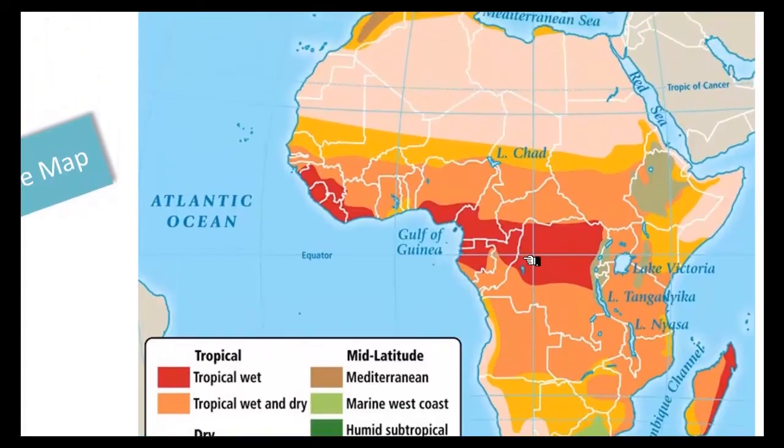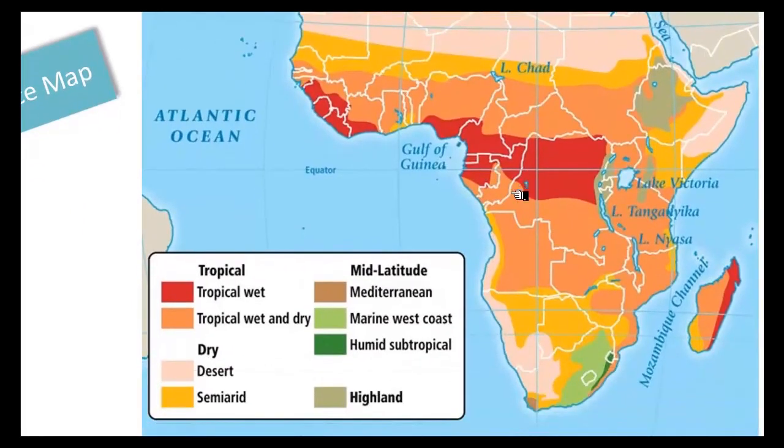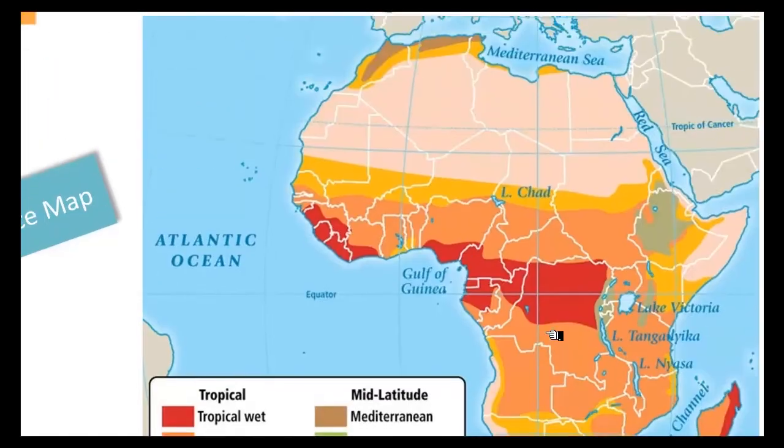But if we go in the northern section of Africa where it's peach, the key tells us that that represents desert area. So if you're planning a trip to a country and you want to go somewhere that's, say, wet, go ahead and take a look at the climate map of that country to get an idea of the countries or the towns or the certain areas in that town which would be wet.